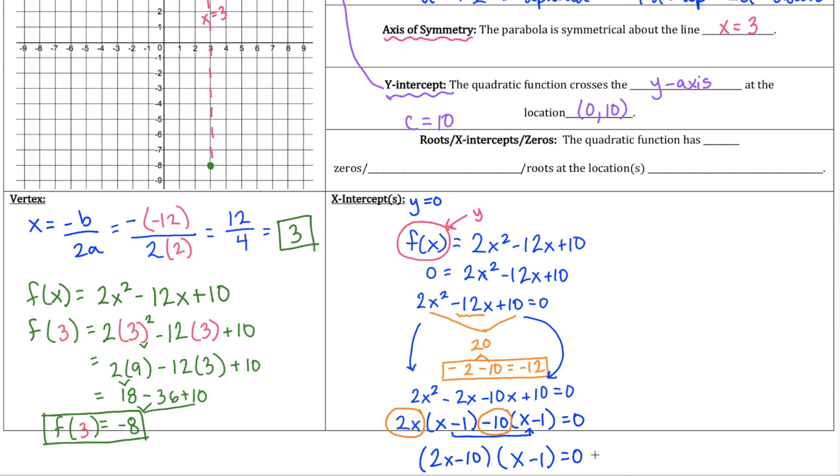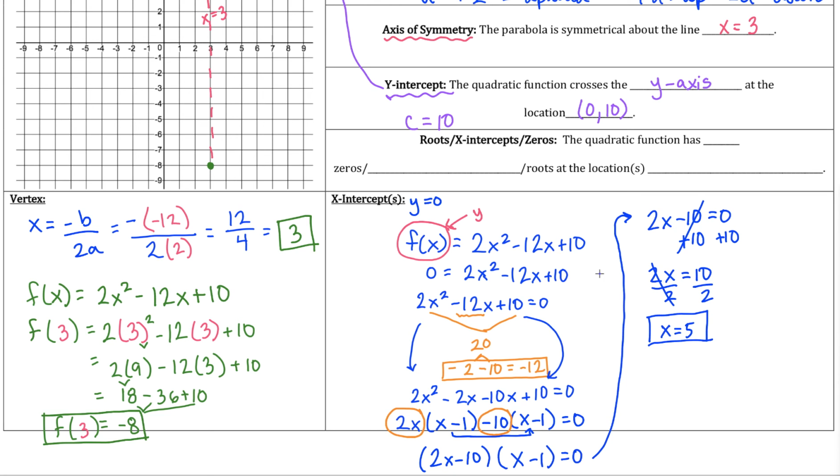So then I'm going to bring this up here. Remember, I need to find what x is. So I need to figure out what x would make this 0. Because remember, 0 times anything would give me 0. So plus 10 plus 10. 2x equals 10, divided by 2, x equals 5.